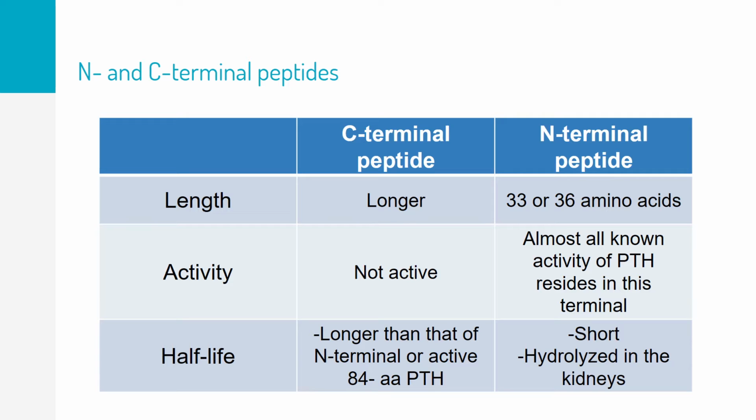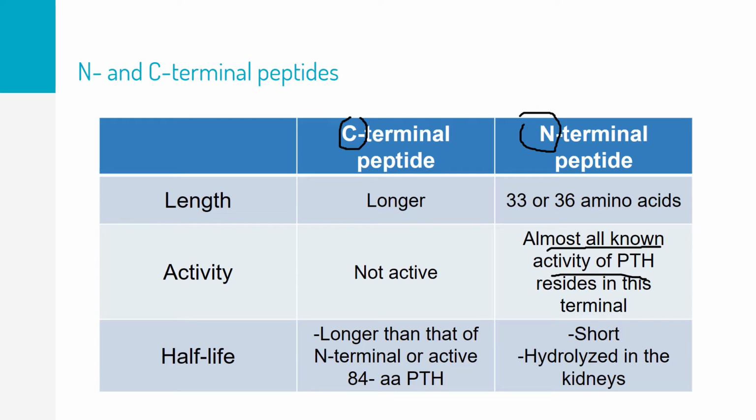The N-terminal is 33 or 36 amino acids, but the C-terminal is much longer than that. Almost all of the known activity of the parathyroid hormone resides in the N-terminal.